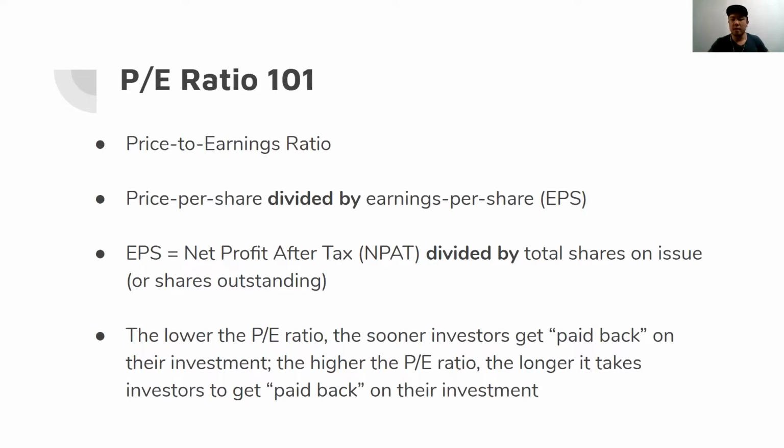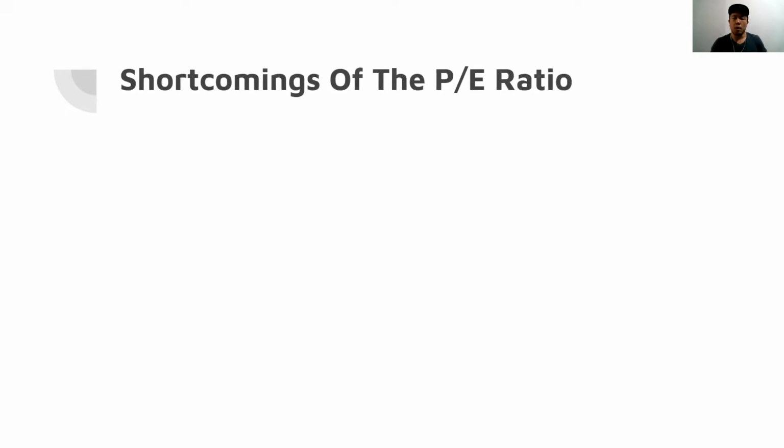And in theory, the higher the PE ratio, the longer it takes, or the more of a premium you're paying for the company. However, I want to take you through the shortcomings of the PE ratio, why it falls short, and what it fails to analyze or include.